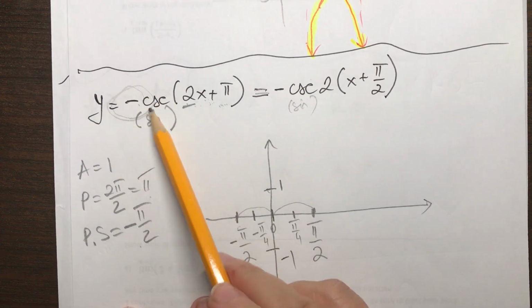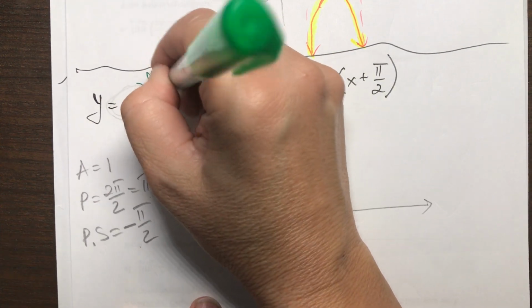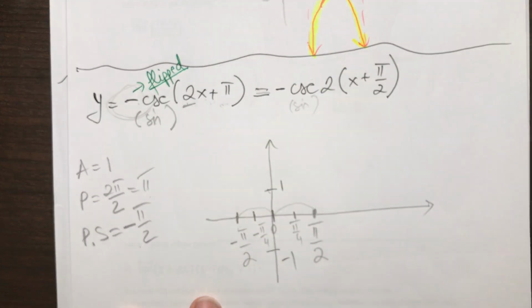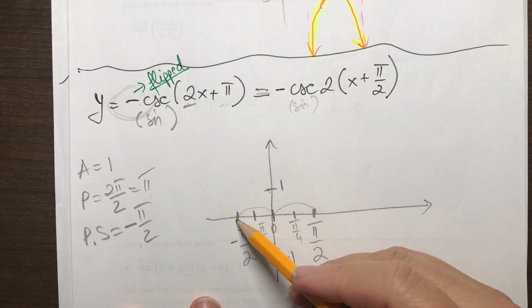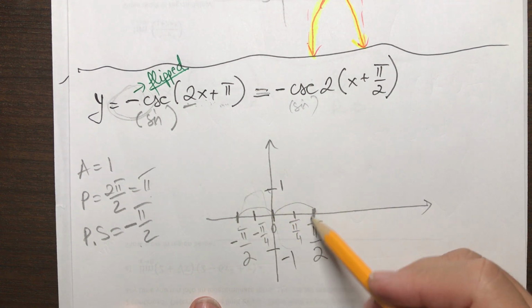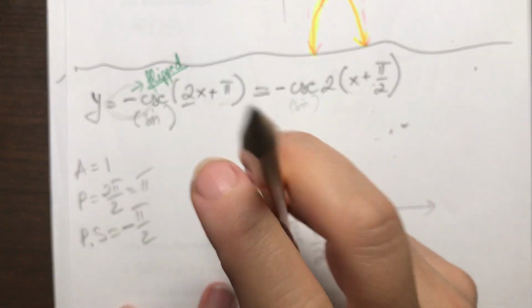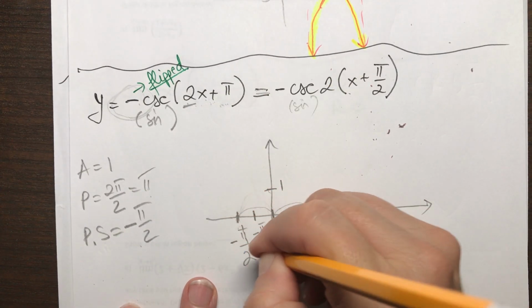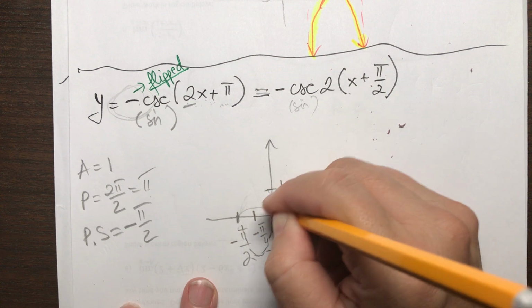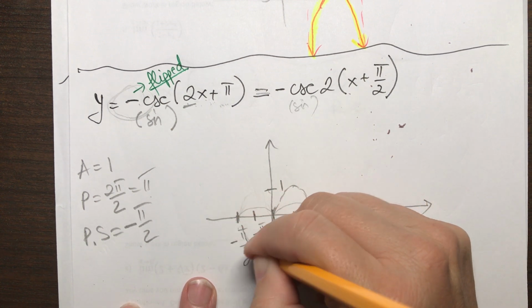And I'm going to draw myself a sine. But remember, this is a flipped sine. When I'm drawing a regular sine function, it goes up and down. However, this time, because I have to flip it, I will first go down to negative 1, back up at 0, up to 1, back down to 0.